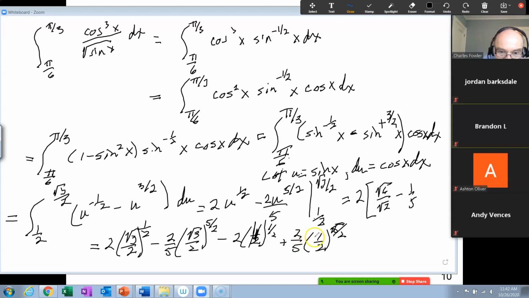They don't show you how they got this, but it is correct. This would be one half to the 5/2 power. That would be 1/2 squared, which is 1/4, times another 1/2. That would be 1 over 8, I think it is, and then times a 2 here.